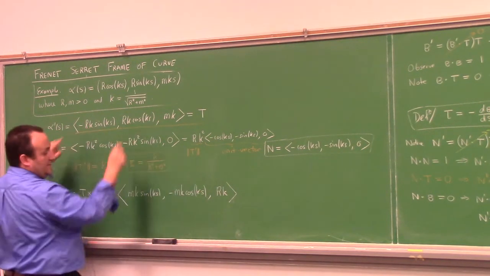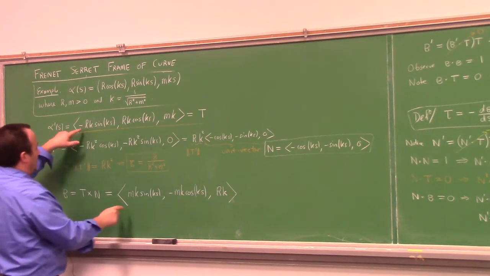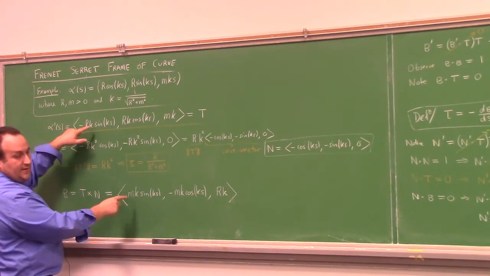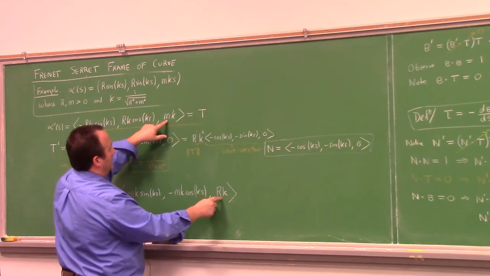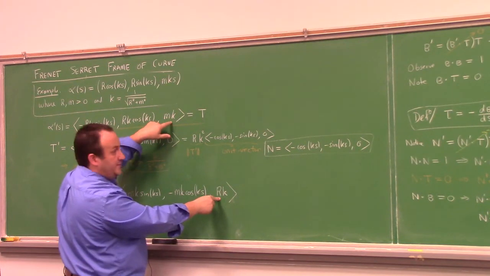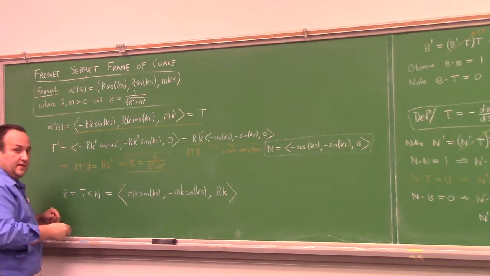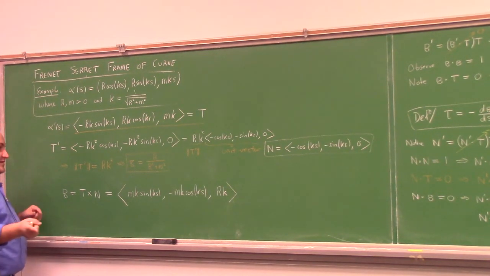Also, this dot that gives me minus sine squared, minus cosine squared, same coefficient r k squared m, and over here r k squared m, so minus 1 plus 1. In other words, the dot products of b with t and b with n are both 0, so I think my answer is right. I think in the determinant calculation you lost one of your minuses. If it's any consolation, half the time I make the same sign error, and then I find it when I take the dot products.